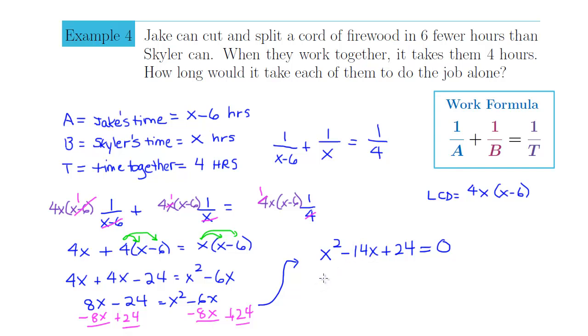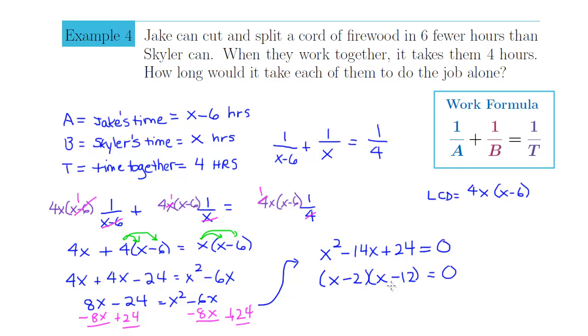And very quickly, I will write down the factors as x minus 2 times x minus 12, right? Because negative 2 times negative 12 gives us plus 24, and the negative 2x and the negative 12x gives us negative 14x.